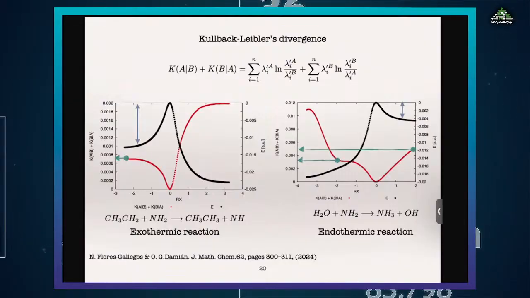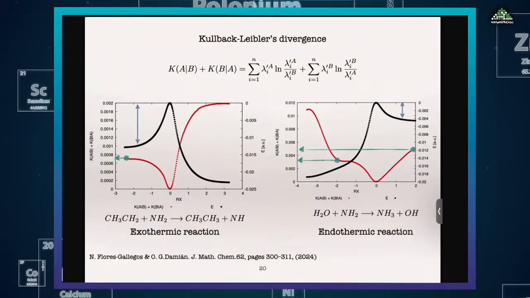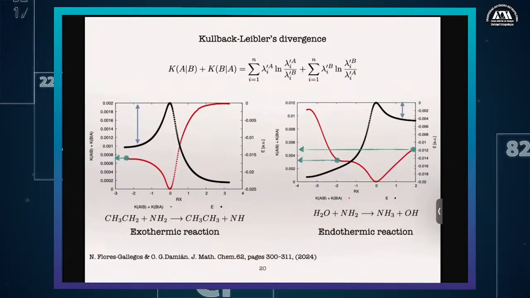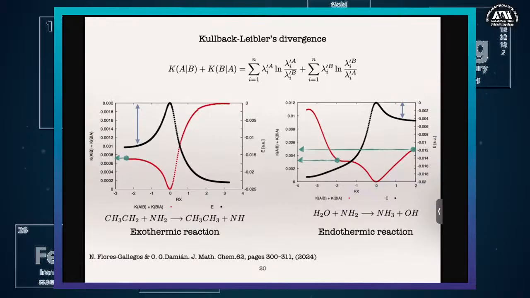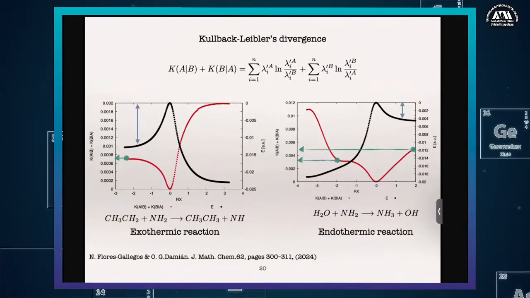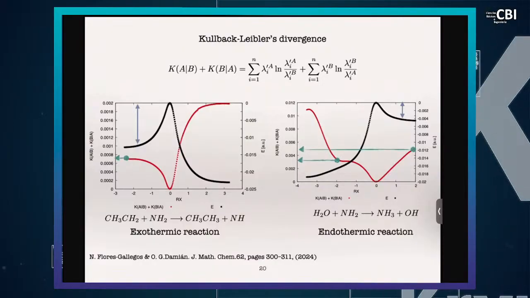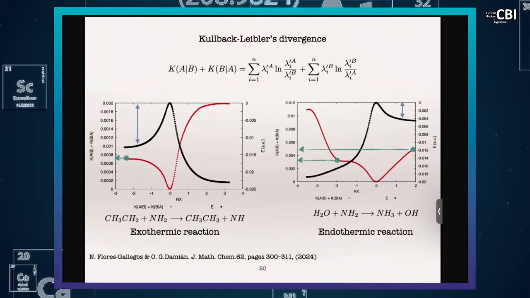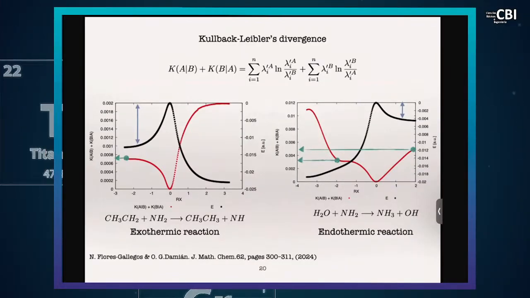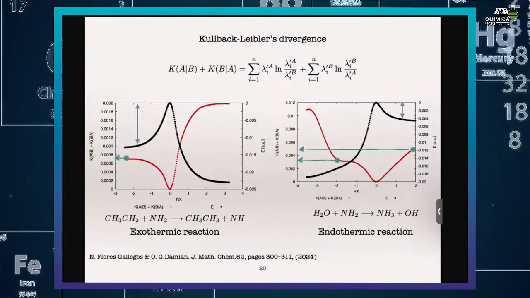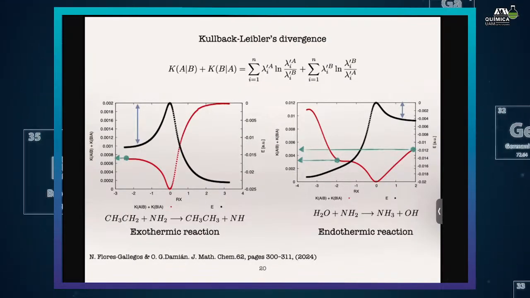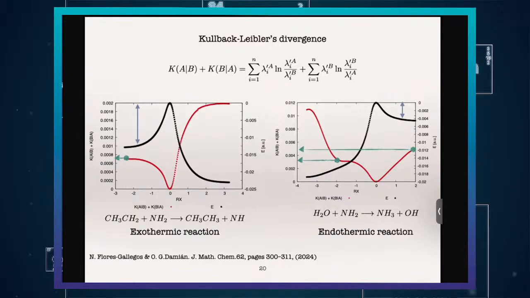In the case of the Kullback-Leibler divergence, we observe exactly the same result. However, here we have an endothermic reaction, and according to Hammond, the transition state structure will be more similar to the products. However, we observe that there are some other structures that are more similar to the transition state, at this point.